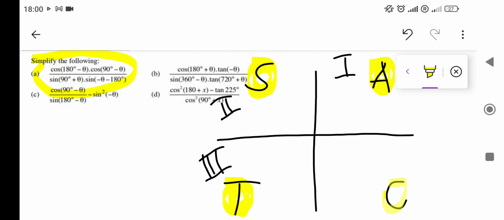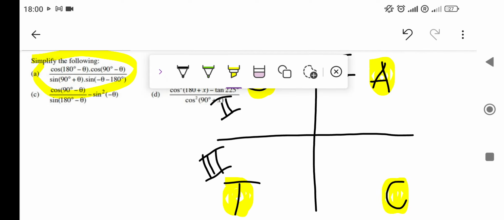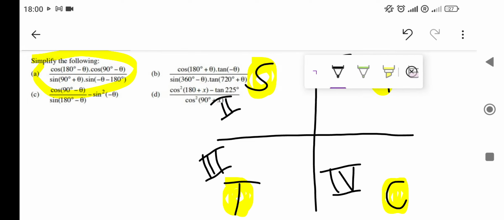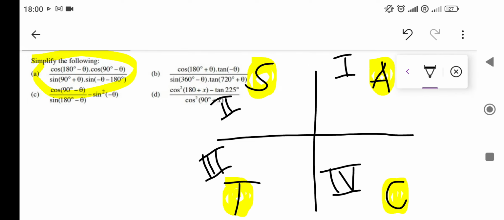And then lastly, our fourth quadrant. Sine and tan negative. Cos is going to be positive. So that's the first thing we need to know. Our CAST diagram tells us which functions are positive and which functions are negative in which quadrants. So we know which quadrants we have, and we know what is positive and what is negative there.